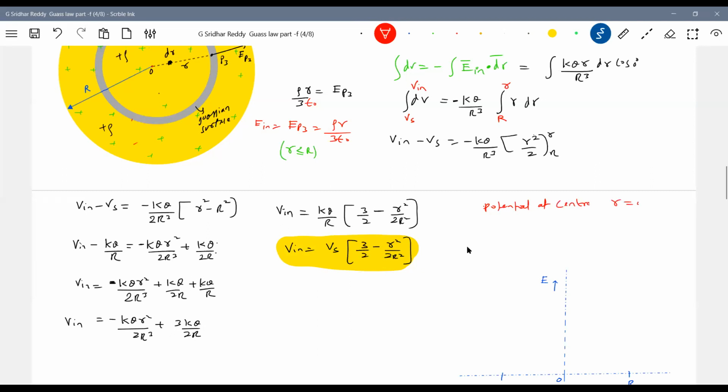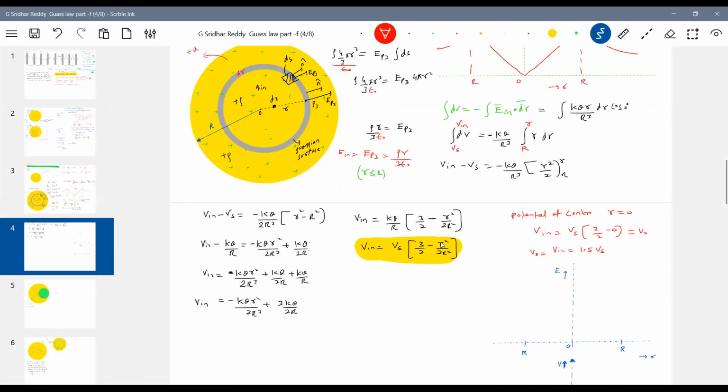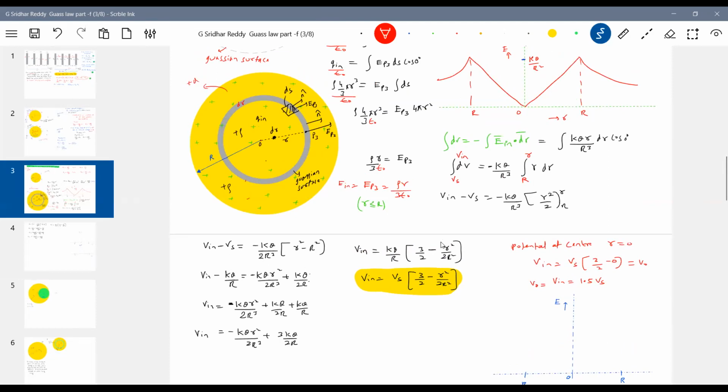Potential at center, if small r equals 0, it is 1.5 times that of surface. So where will potential be more? At center. V in or V naught symbol, because in the diagram I indicated V0 there. So potential at the center of the solid sphere will be 1.5 times that of the surface. This is strictly applicable for r less than capital R.